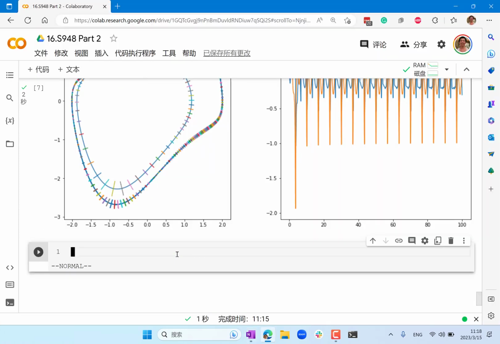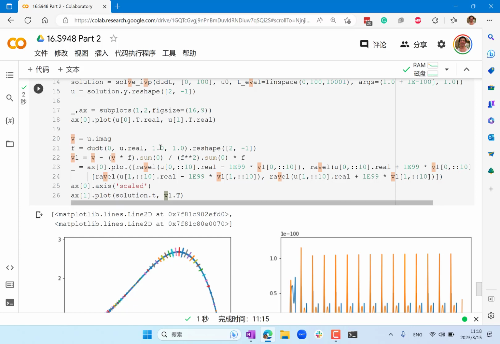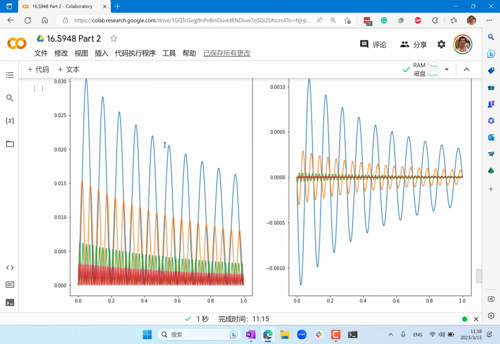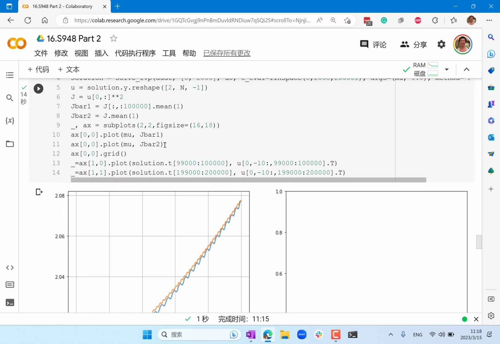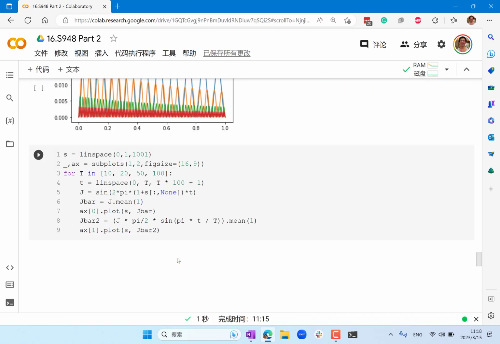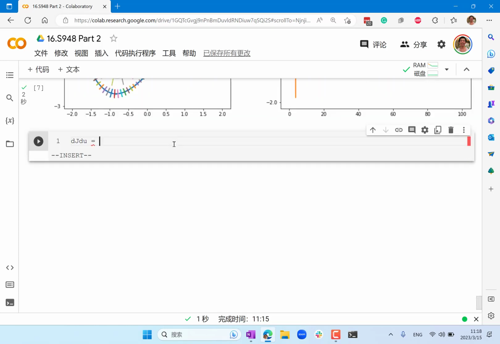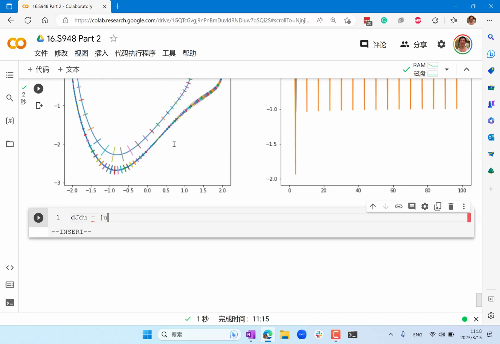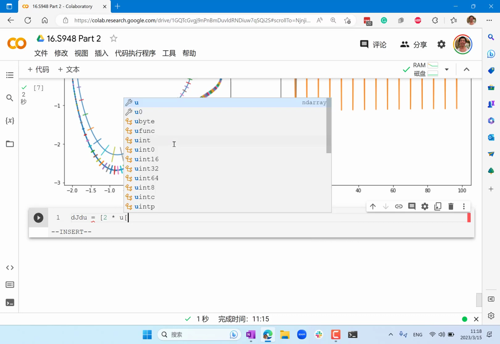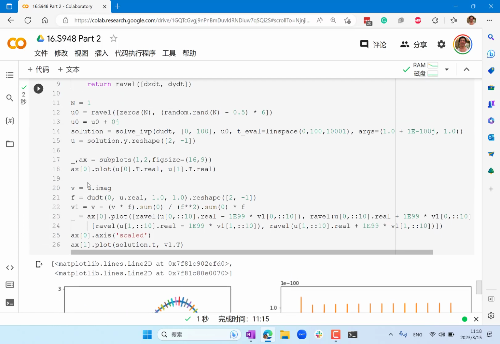So in this case, what is our dJ/du? Remember, our J in the case we were looking at is u0 squared. So dJ/du should be just 2 times u0. So let me see, what is my solution u?